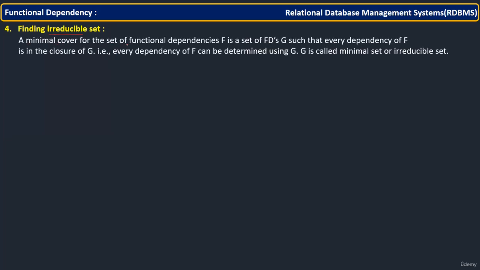A minimal cover of the set of functional dependencies F is a set of FDs G such that every dependency of F is in the closure of G. That is, every dependency of F can be determined by using G. That is what we discussed previously already, equivalence: F covers G, G covers F. So a minimal cover G of the set of functional dependencies F is called a minimal set or irreducible set.